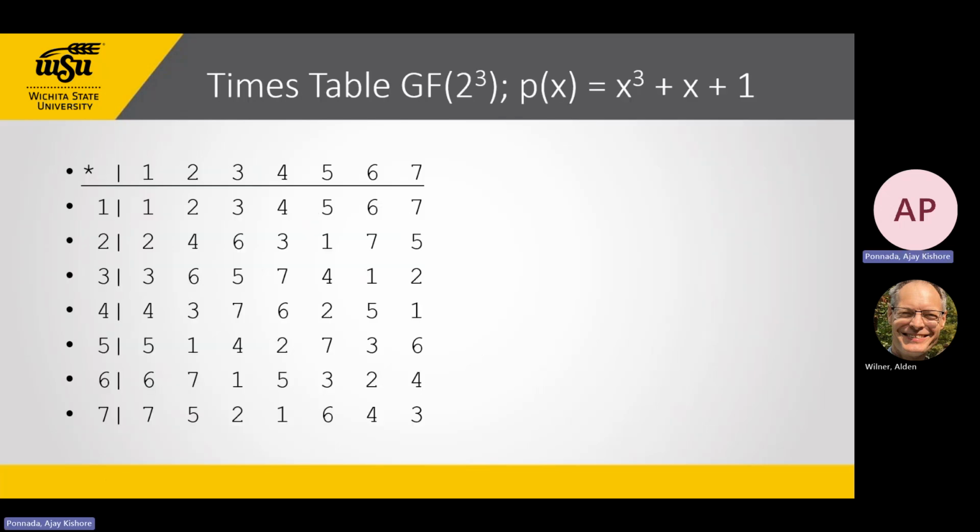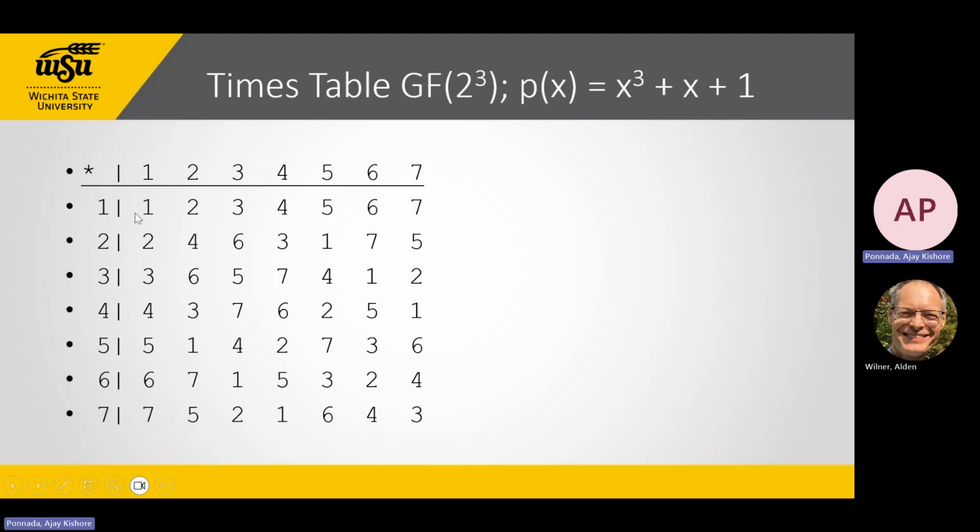So the times table for GF 2 power 3, that's 8. This is a primitive polynomial, x cube plus x plus 1. We use this primitive polynomial to construct a Galois field table for 8. If you see here, we have a multiplicative inverse for every number.